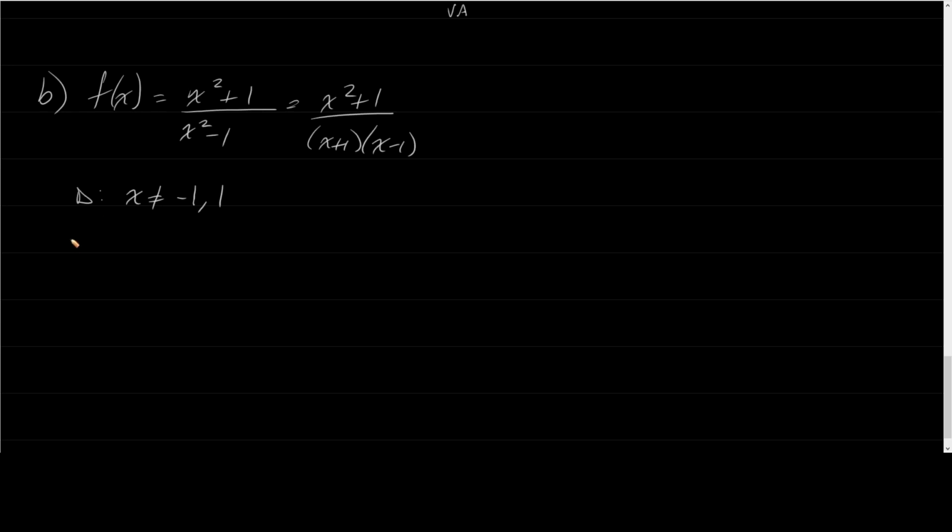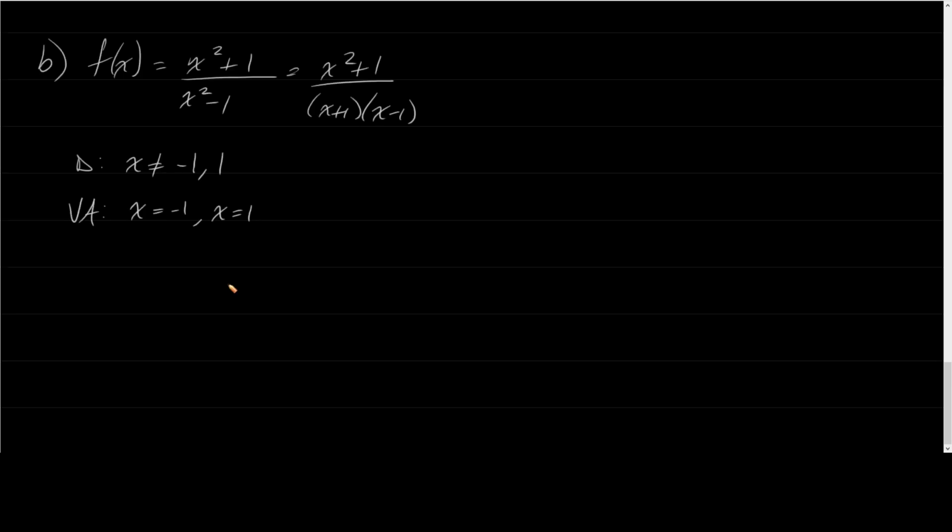So that means that we're going to have vertical asymptotes at x equals -1 and at x equals 1. So what we want to do now is figure out what's going on around those asymptotes, all right? We want to see if they're going to positive infinity or negative infinity. So let's start with -1.